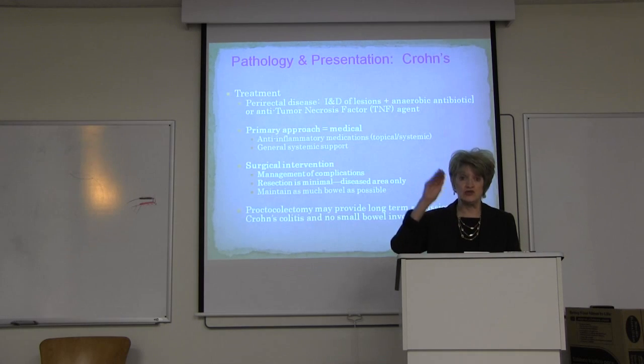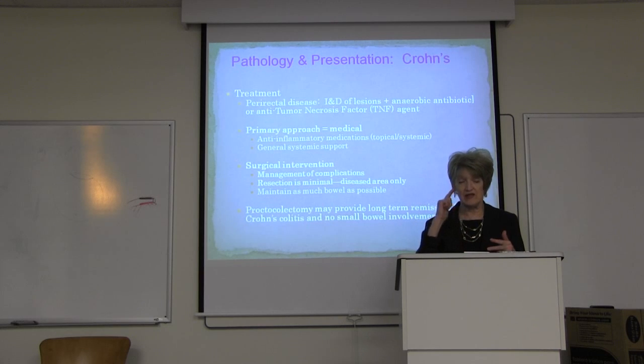Then we try to reduce the dose or cross them over from a very potent anti-inflammatory like a steroid to an anti-inflammatory that is better tolerated long term. Many times we use anti-inflammatory agents that are specific to inflammatory substances that are commonly produced in the Crohn's disease patient, so we'll come back to that. So medical management, our mainstay.